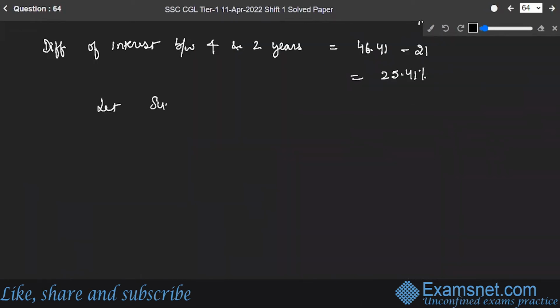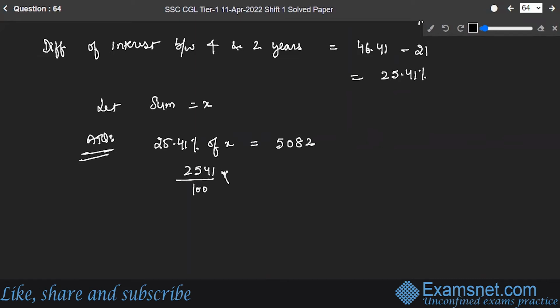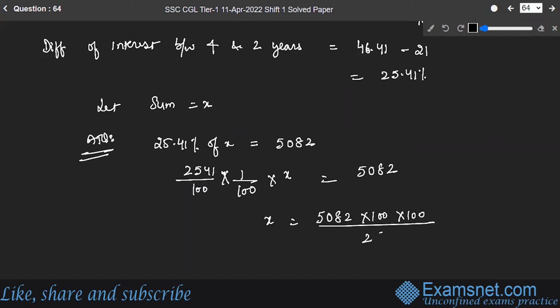So let the sum be x. Then according to the question, 25.41% of x is equal to 5082. 2541 upon 100 into 1 upon 100 into x is equal to 5082, which gives you x is equal to 5082 into 100 into 100 whole divided by 2541, which gives you 20,000.